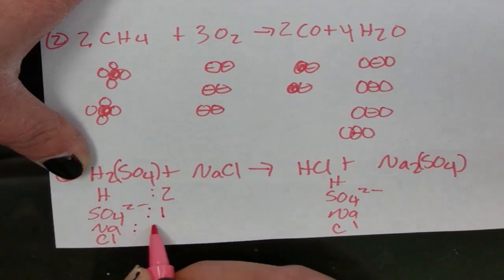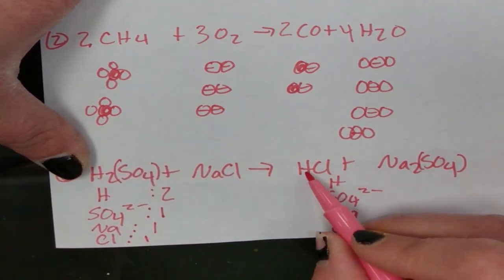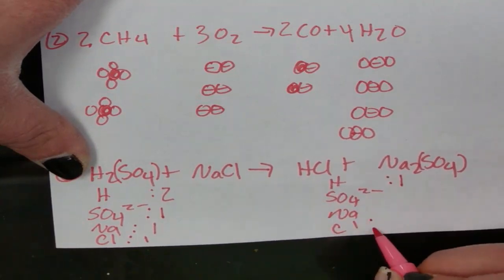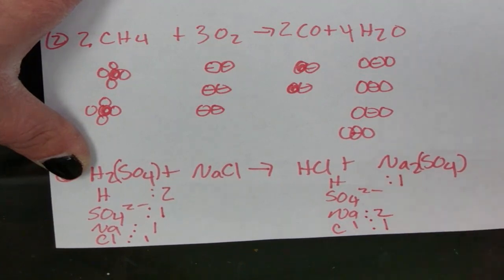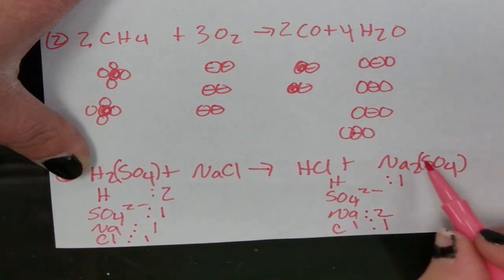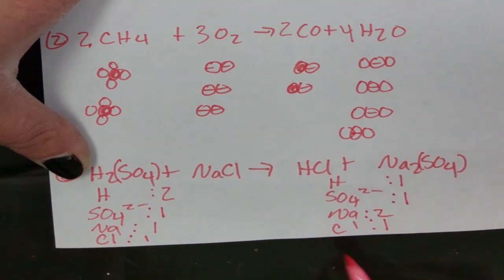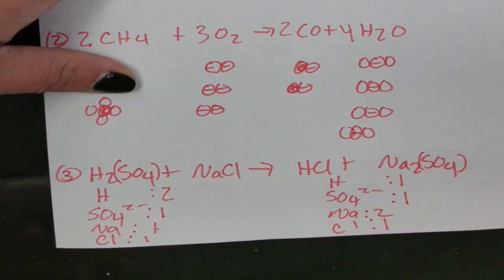I have 1 sodium, and I have 1 chlorine. I'm going to count over here. I have 1 hydrogen, I have 1 chlorine, I have 2 sodiums, and again, only 1 sulfate. So what is different here? My hydrogens and my sodium.